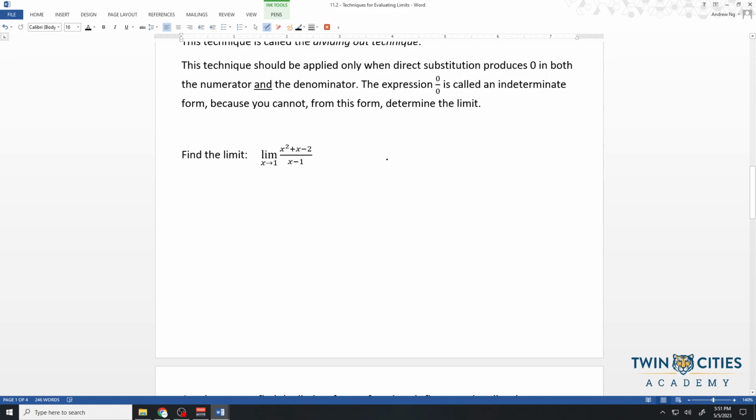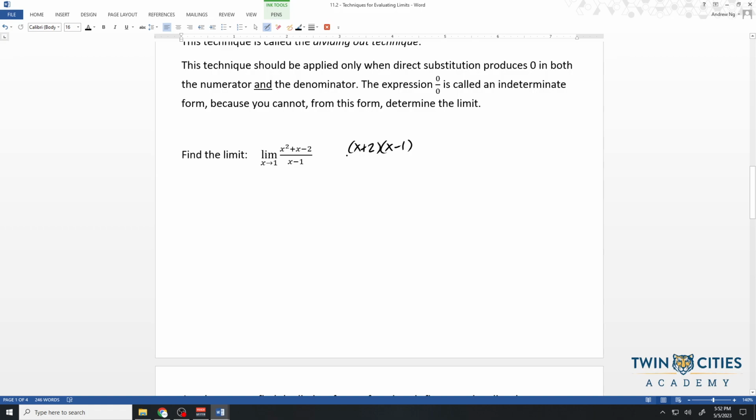There's an indeterminate form, which means that there's probably something that I can do. Let's try factoring the top again. x squared plus x minus 2. This is the same as, let's see, set of two binomials, x, x, and I'm trying to get a positive x, but a minus 2 here. So I'm going to have plus 2 and then minus 1.